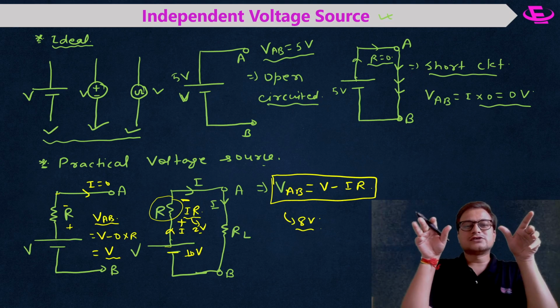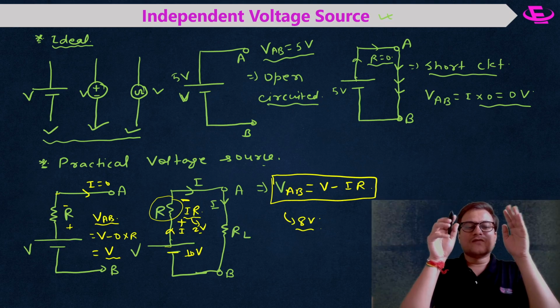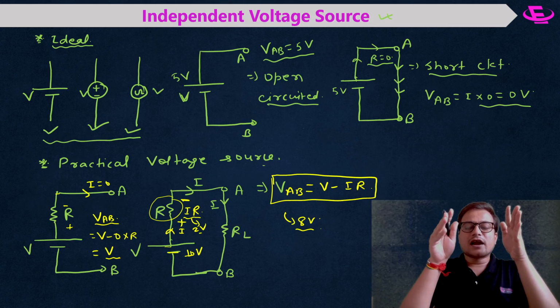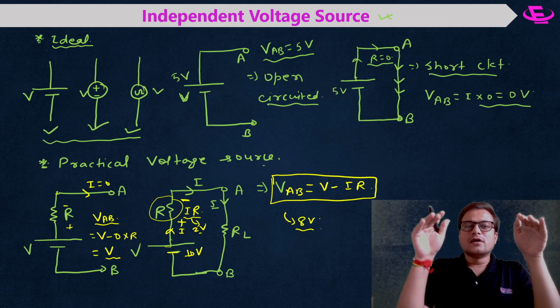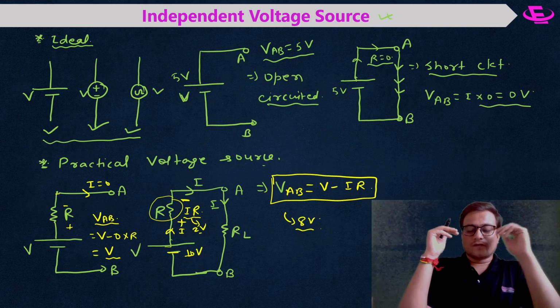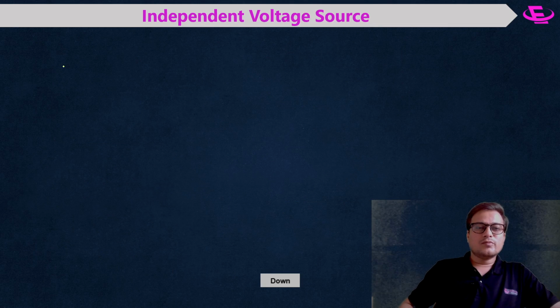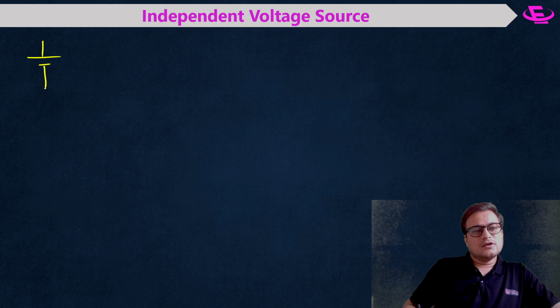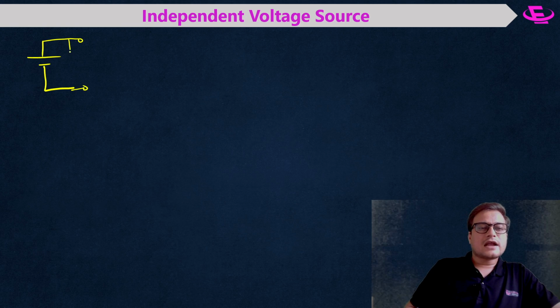Now your question will be, sir, first tell me why the resistance is connected in series in the case of an independent practical voltage source. My answer may surprise you. Suppose this is the circuit voltage. Now you say that you want to connect a resistance in parallel with this one.